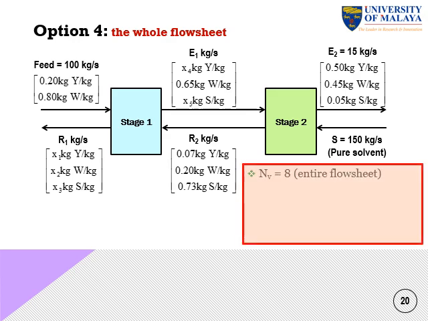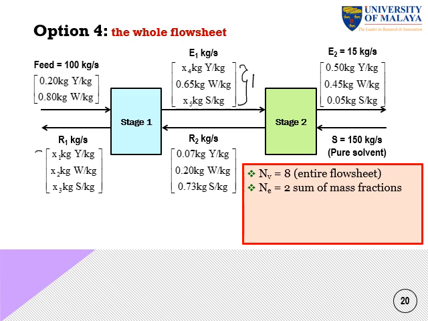So from here, what you do is you just have a look at the entire flow sheet, all streams, you calculate the number of unknown variables. So here you have 8: R1, X1, X2, X3, E1, X4, X5, R2, and those are your 8 unknown variables. So the number of independent equations, you have two sum of mass fractions, so this is equal to 1.